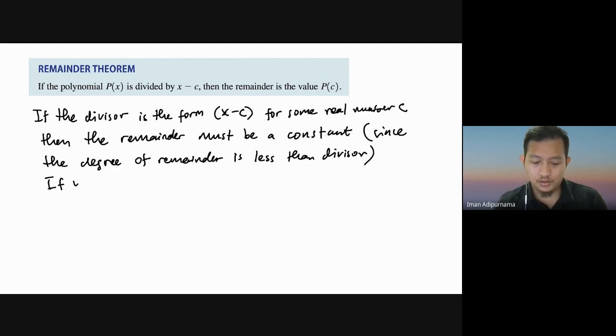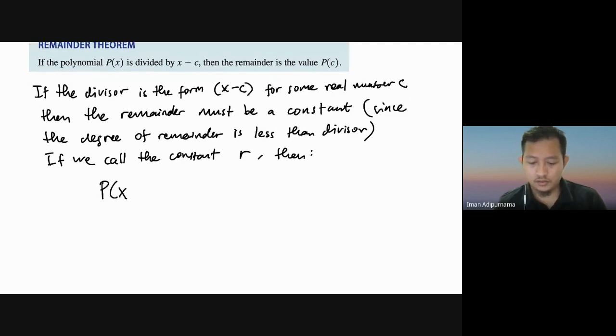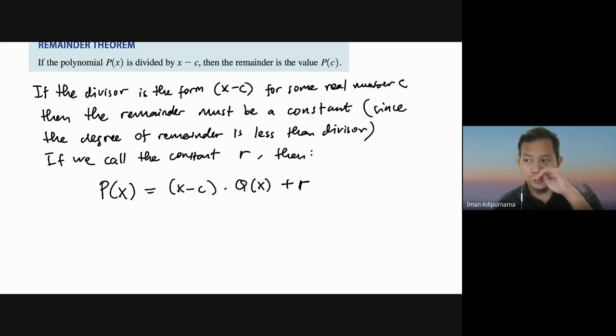If we call the constant r, then p(x) = (x minus c) q(x) plus r. This is how it should be.